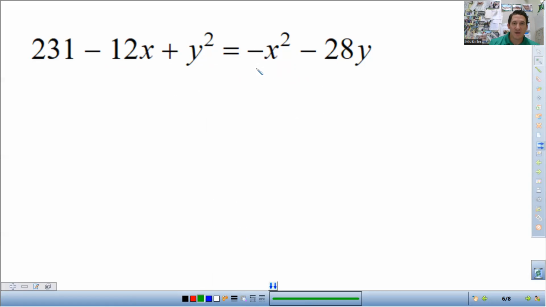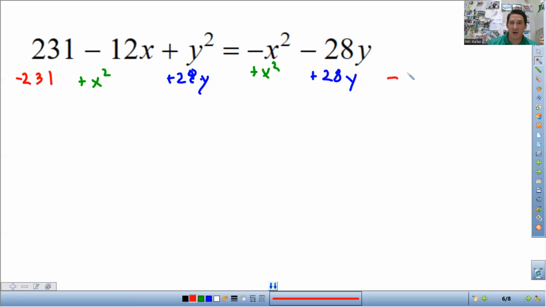So we want things positive. My first step is I'm going to add x squared to both sides. I'm also going to add the 28y to both sides. And then I'm going to take this negative 231 and move it to the right side. So what's going on now?